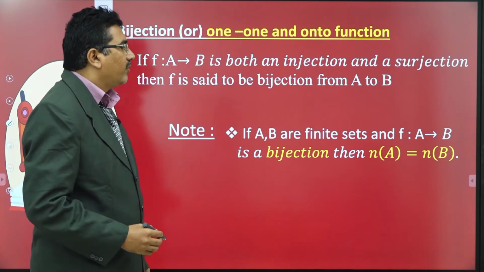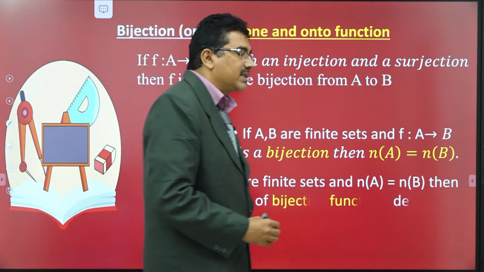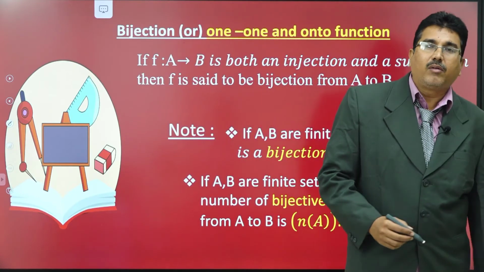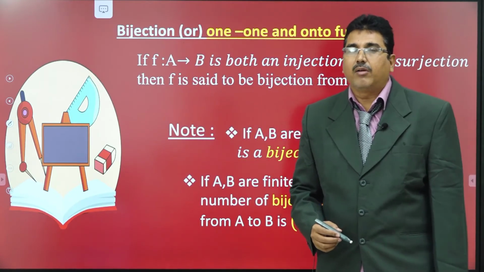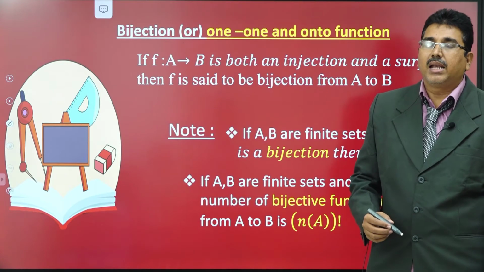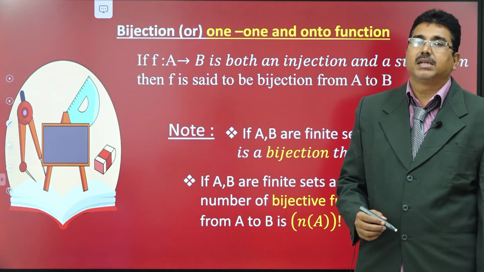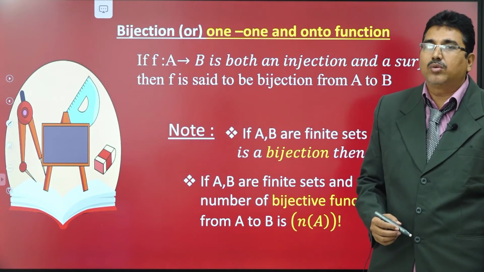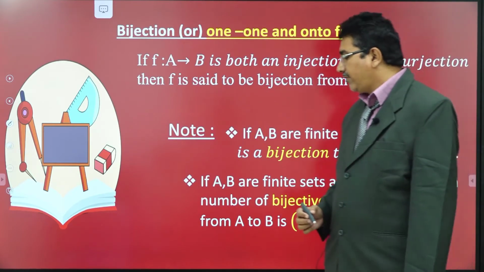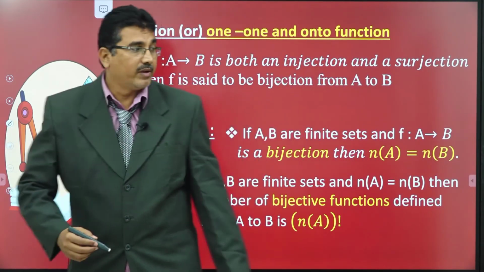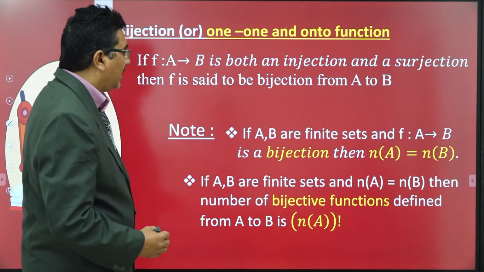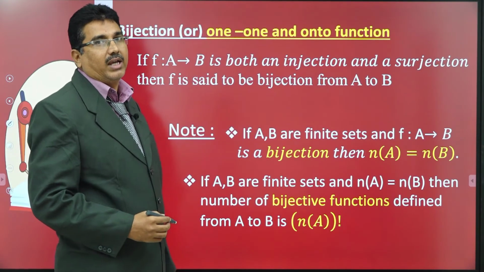Note 2: if A, B are finite sets and n of A is equal to n of B, then the number of bijections defined from A to B is n of A factorial.